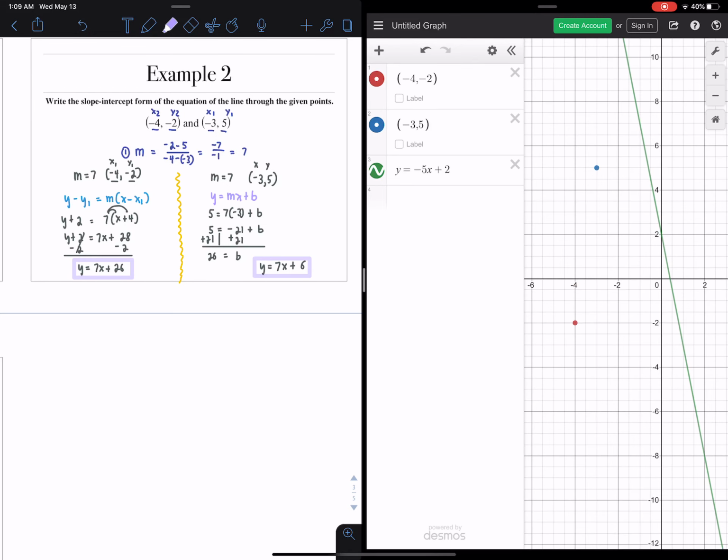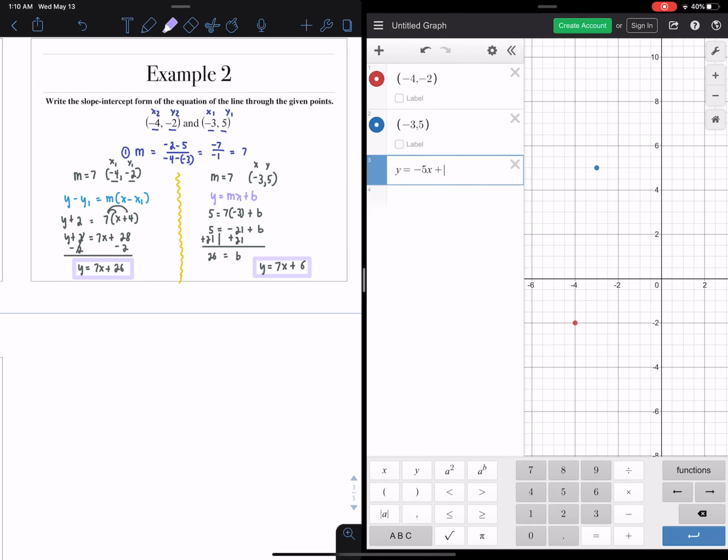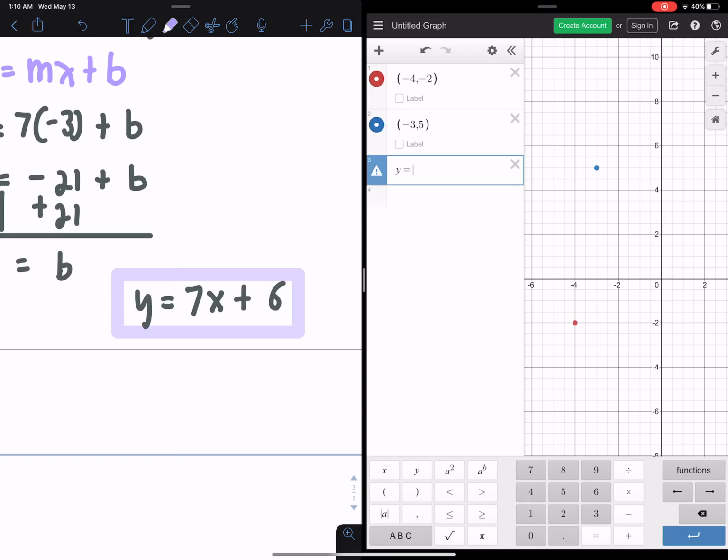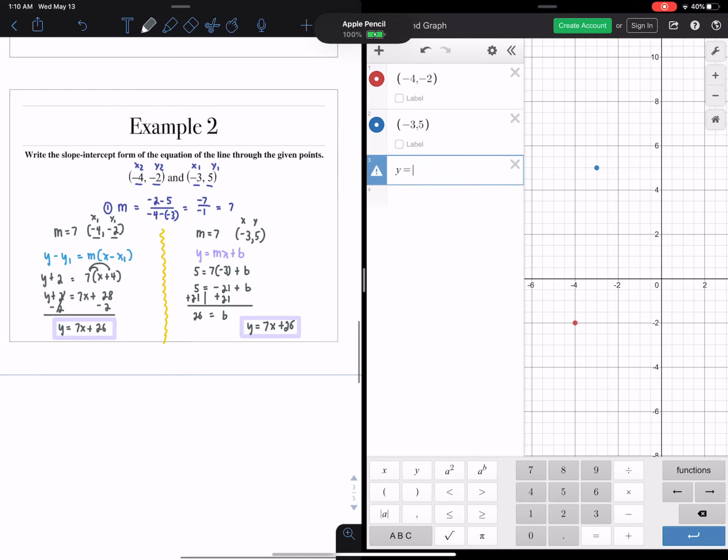So they're over there this time, you can see. And the equation that we came up with is y equals, there should be a 26 there. Y equals 7x plus 26.